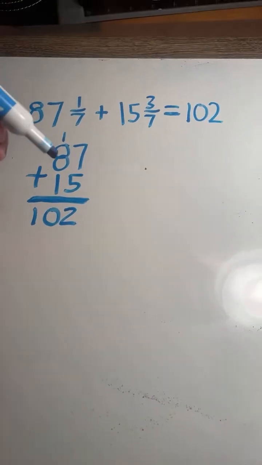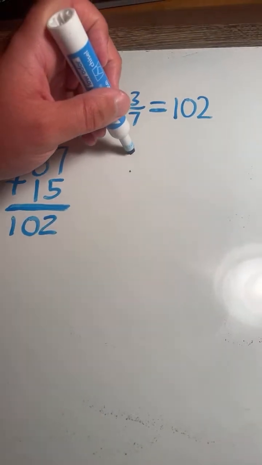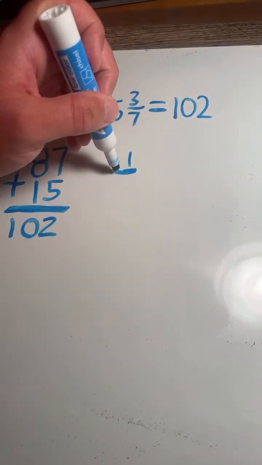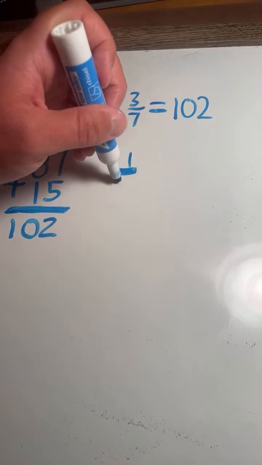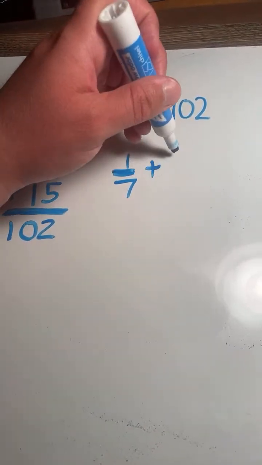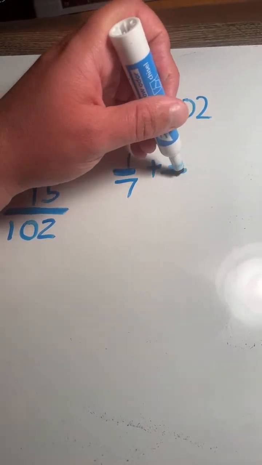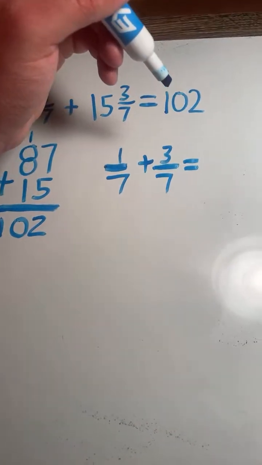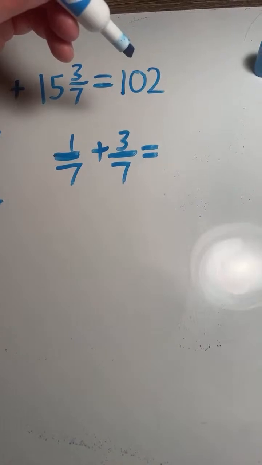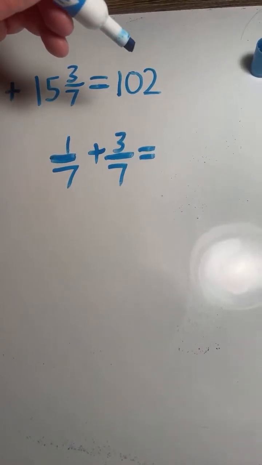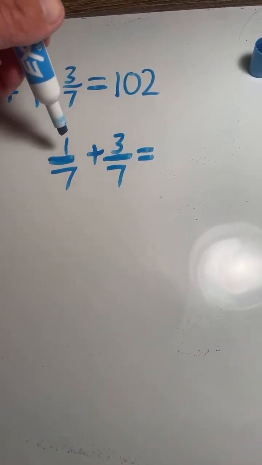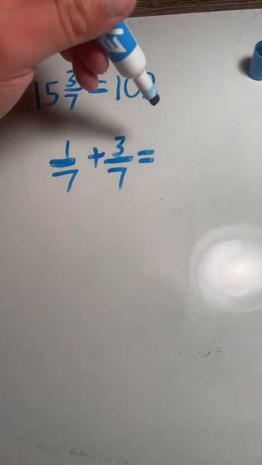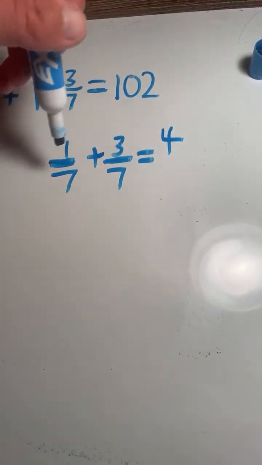Next, we have to add our fractions. 1/7 plus 3/7. Again, adding fractions is just like adding whole numbers, except the denominator stays the same. 1 plus 3 equals 4.